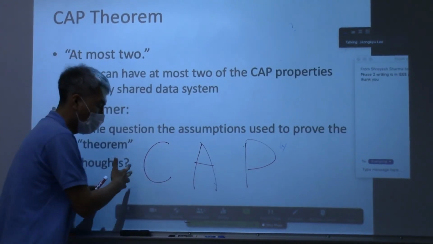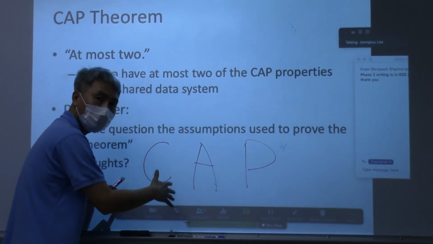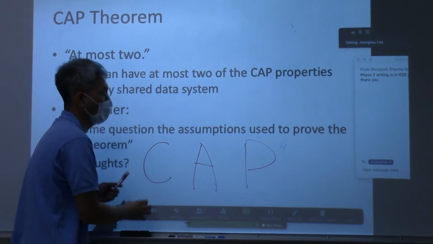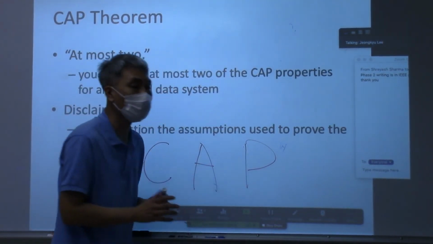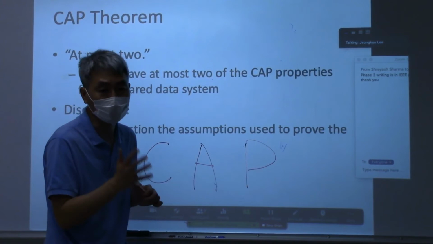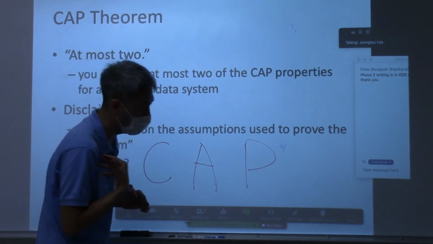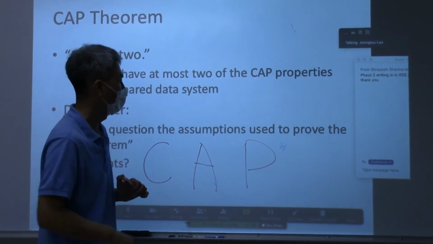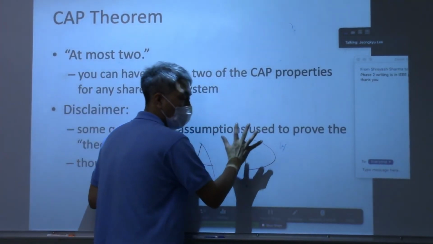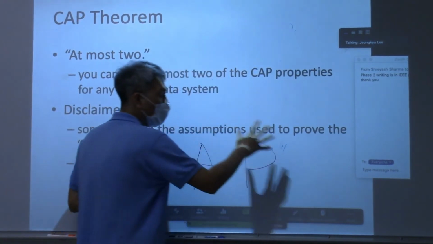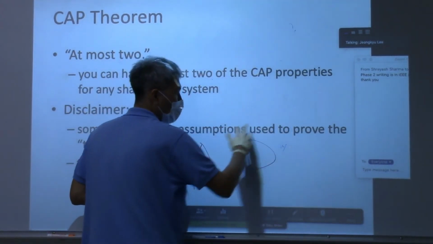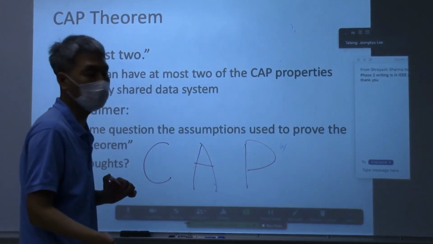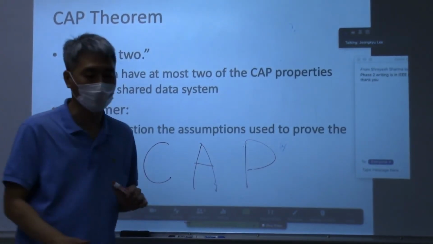Consistency means moving from one state to another state, where we guarantee the data. Availability means the system, in our case the distributed database system, should be available. Partition tolerance means that in case part of the system is not working, your entire system is still working.